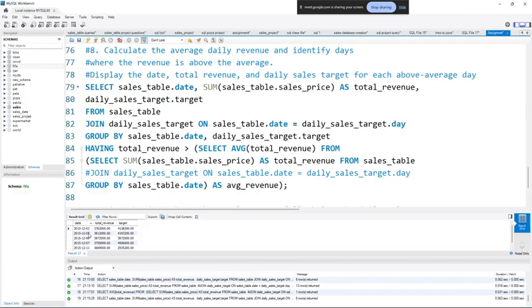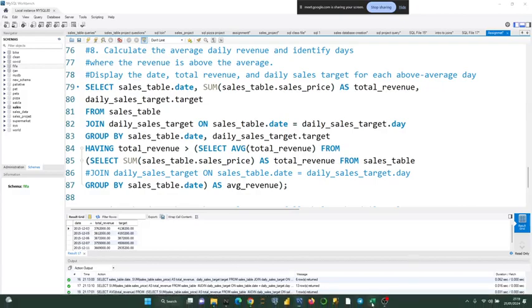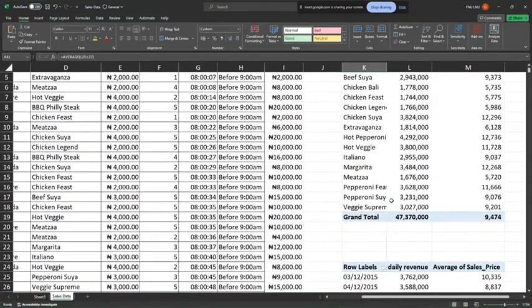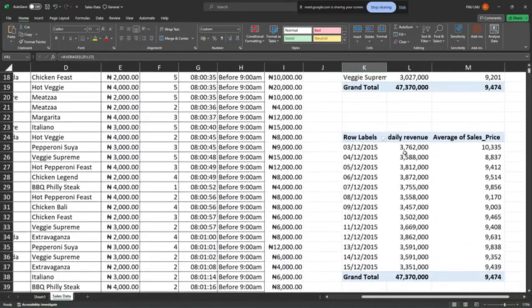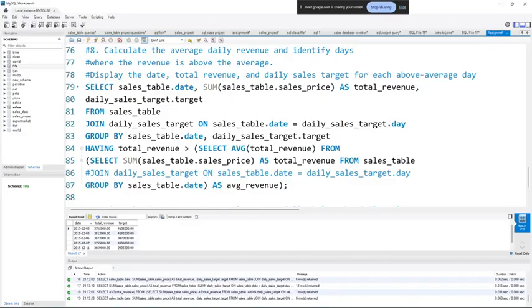There is no fourth here. The next one is fifth. If you go to our table, we have third. Fourth is not greater than 3.6. That is why we don't have fourth. Then the next we have is this. So that is exactly what it gave us.